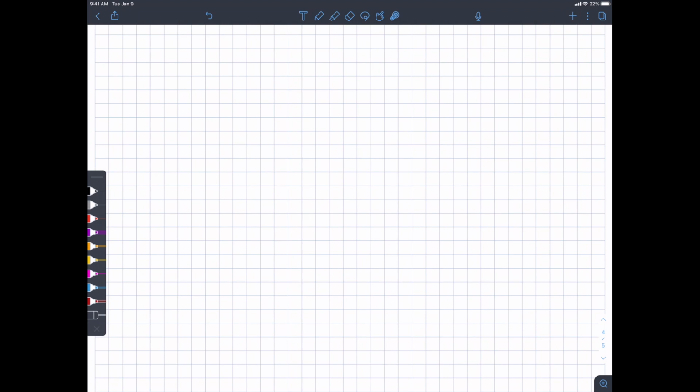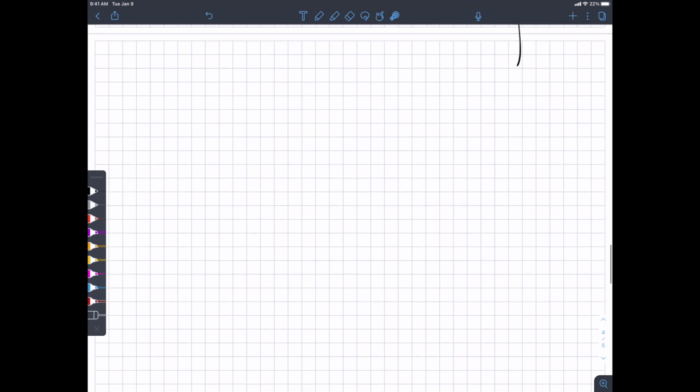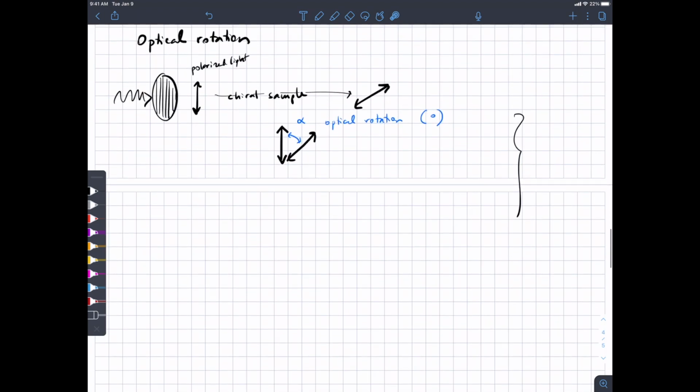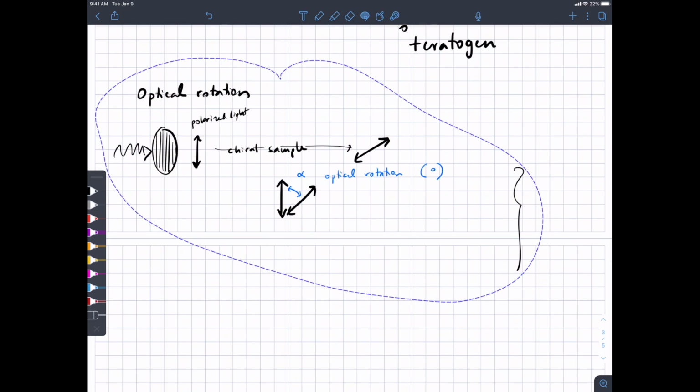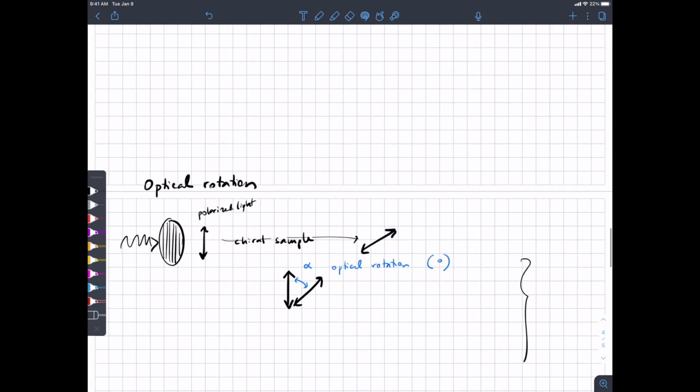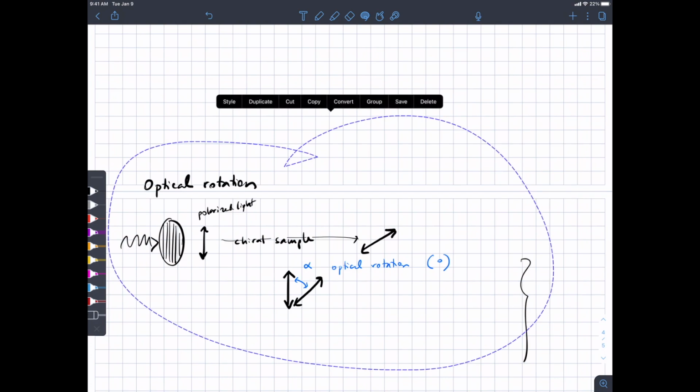So maybe I won't spend a huge amount of time on this because it involves a little bit of physics that I don't understand. So you're going to have to suspend disbelief for a little bit. What have I attempted to draw here? Well, it doesn't matter. I'm going to erase it.